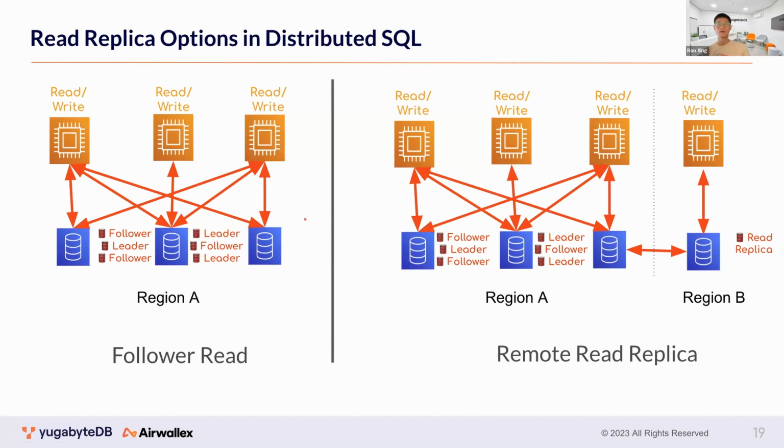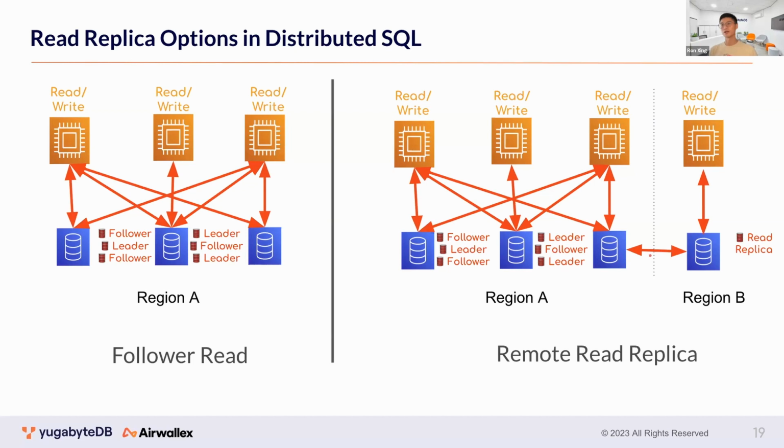The other use case: what if your primary application sits in region A and you have another application in region B, but you still want to read the data? In this case, there is a dedicated node serving as a read replica in Yugabyte, but within the same universe, or what we call a cluster.